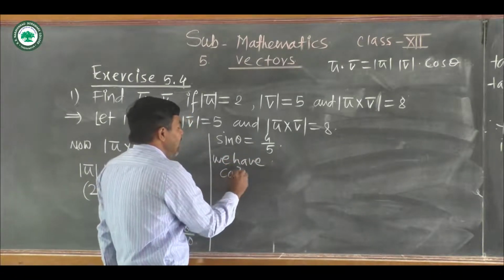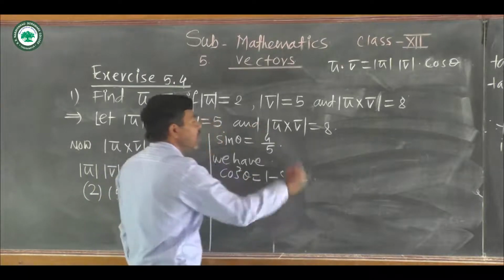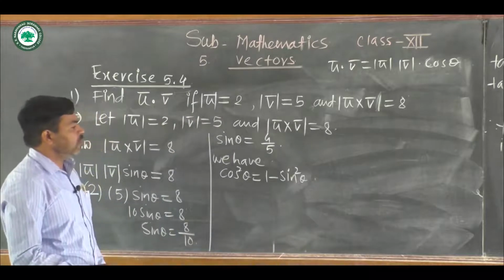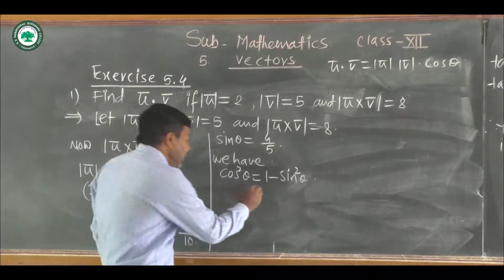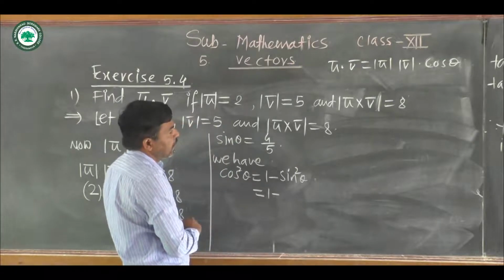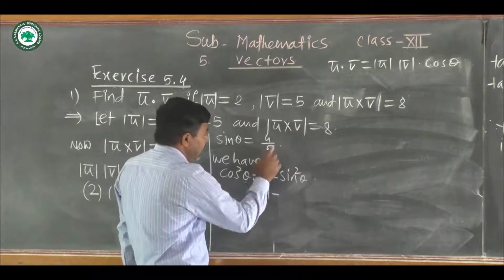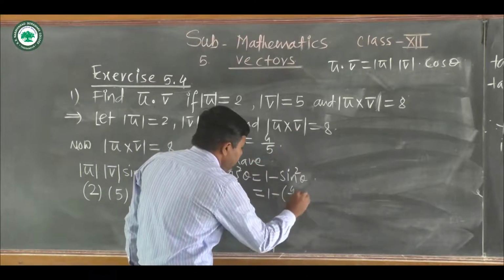We have cos square theta is equal to 1 minus sine square theta. It is equal to 1 minus, what is sine theta? 4 by 5, 4 by 5 bracket square.